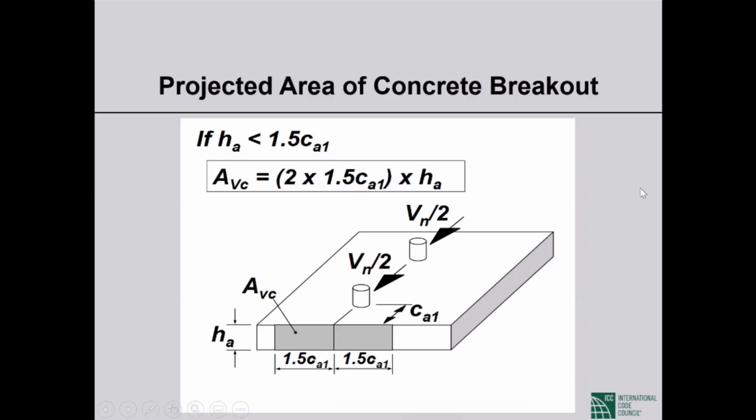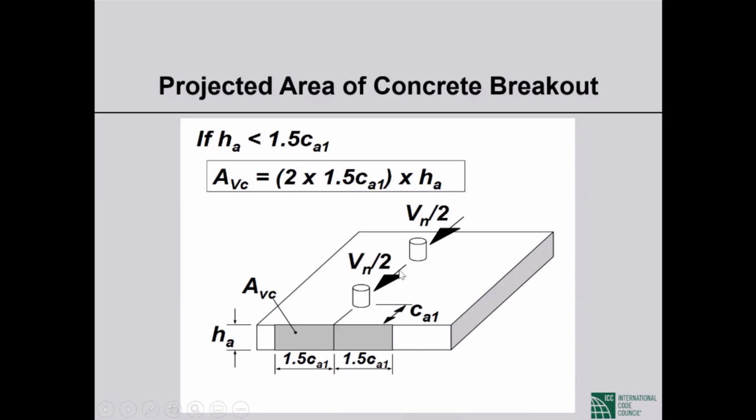First, we consider the possibility that the first anchor breaks out, and it breaks out under 1/2 the shear applied to the group. The shear applied to the group is shared equally between the two.